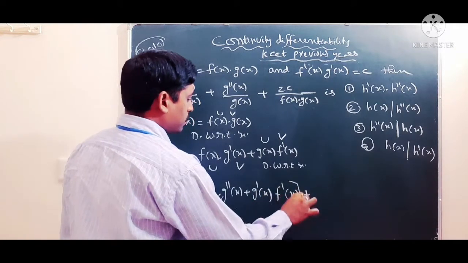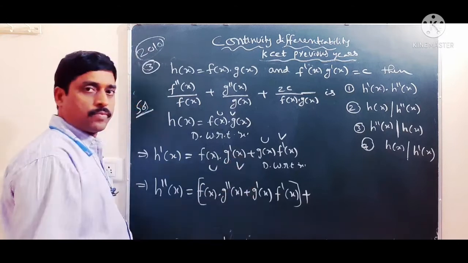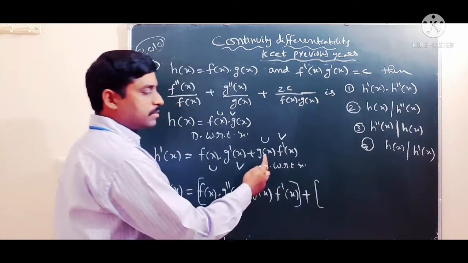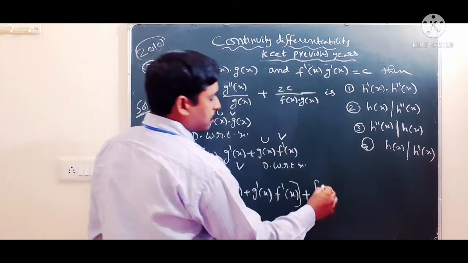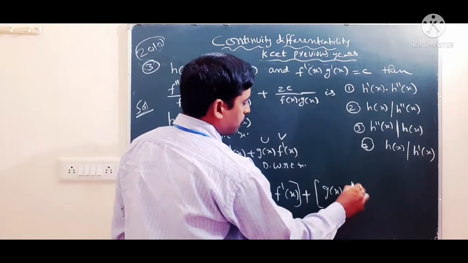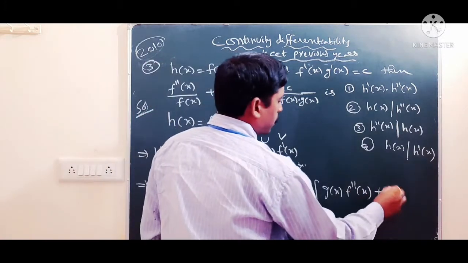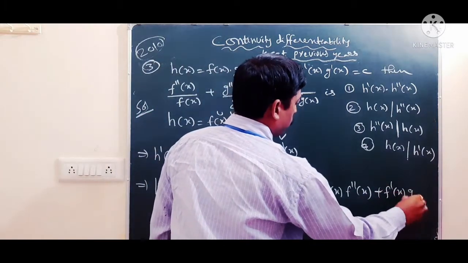This is the first function by the UV formula. And the next function is g of x into f dash x. Its derivative is g of x into f double dash x plus f dash x into g dash x, that is, u into derivative of v plus v into derivative of u.